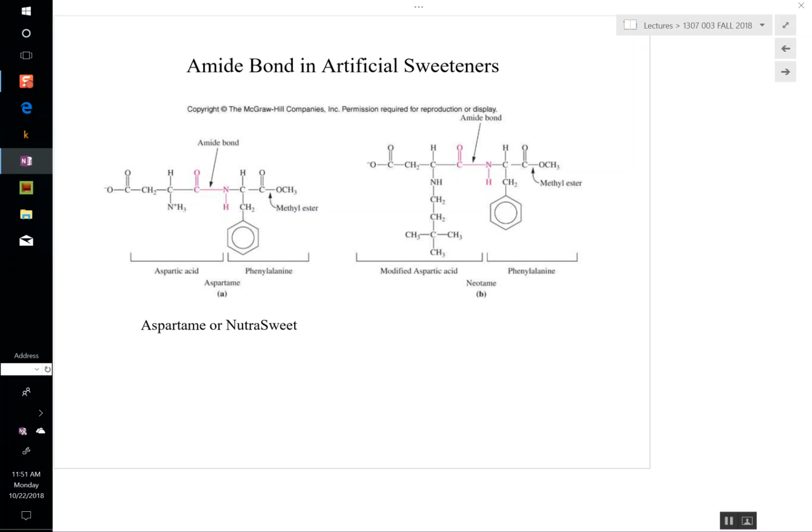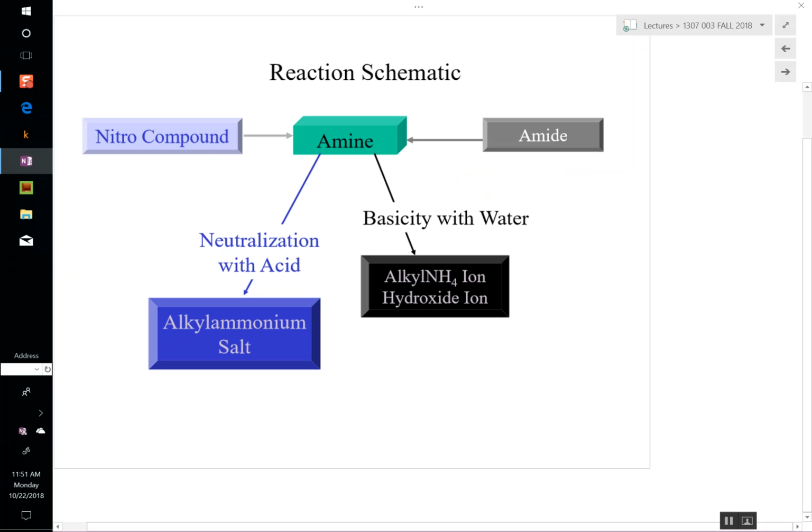There's a warning sign on aspartame that it could have an adverse reaction for someone who has PKU, because that bond can break and release phenylalanine. It can also release that methyl group as methanol. So that's some of the background.